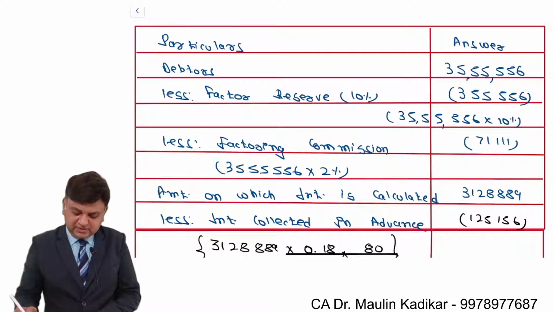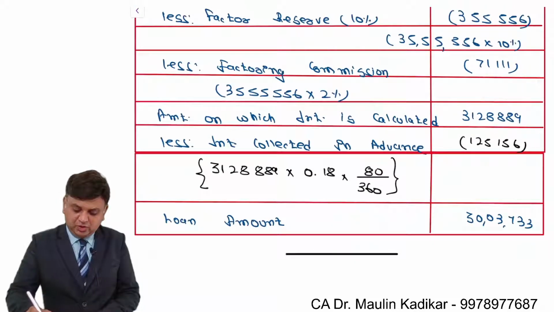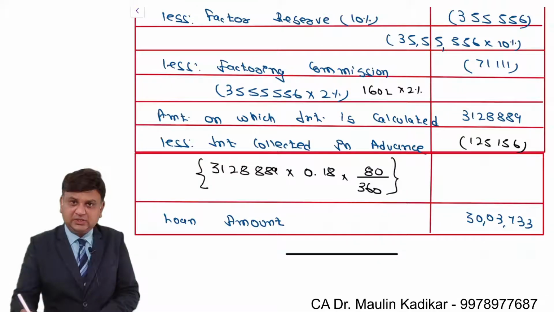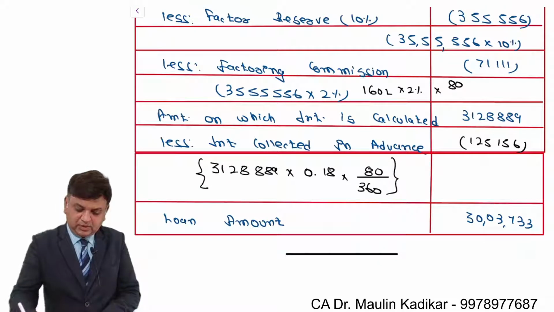Now amount of the interest to be collected in, factoring commission to be collected in advance, in that you could have done answer like this: 160 lakhs, that is the credit sales, into 2%, that is the amount of the commission, into 80 divided by 360.